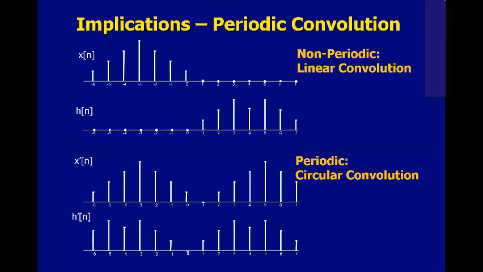Now, what do we mean by circular convolution? The kind of convolution we're used to is what we would technically call linear convolution. We have two functions, we flip one and shift it past the other, and at each position we multiply all the samples together, add them all up, get a new value, and shift it over and just keep repeating that process.